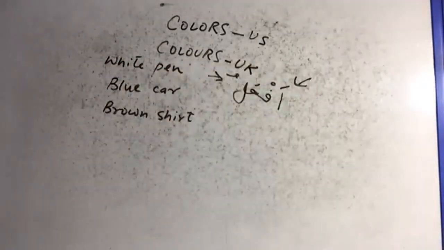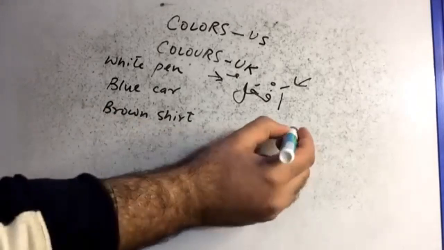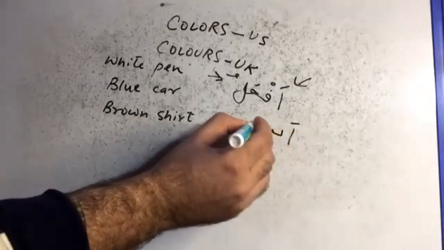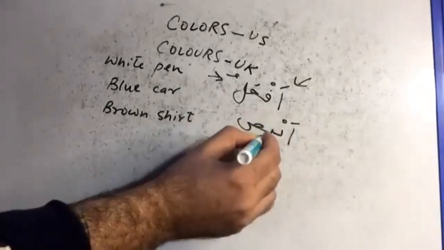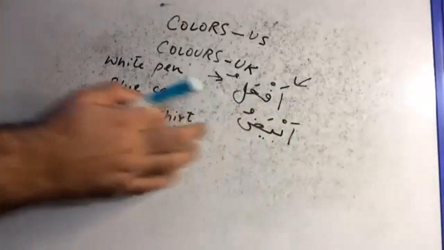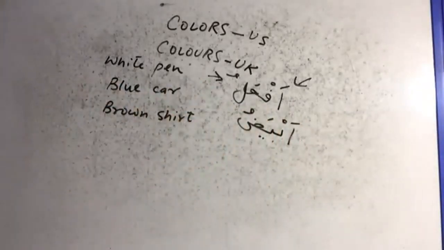So anything that you see on this pattern, as of now, you have to remember that this is the pattern used by colors. If I have to say white, I use abyadu, white.